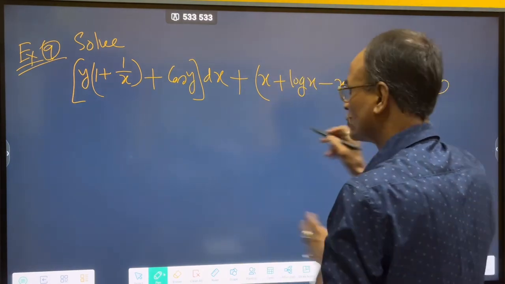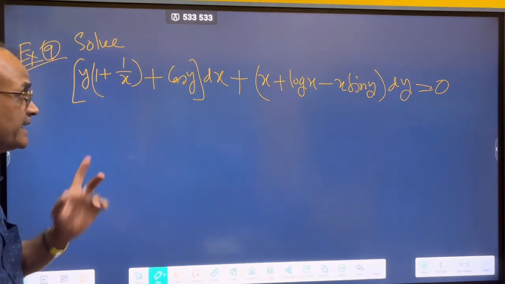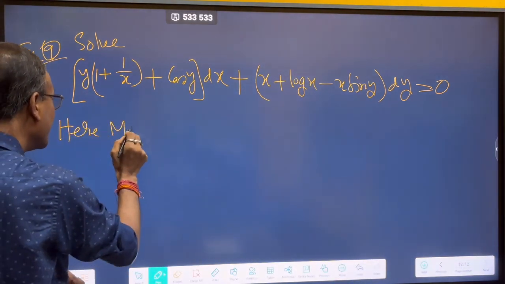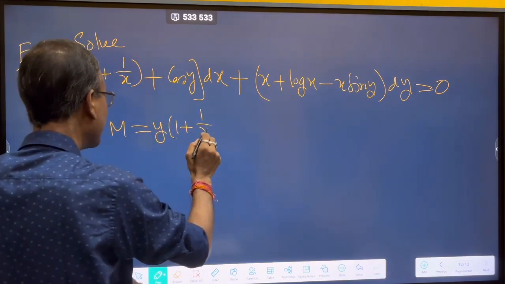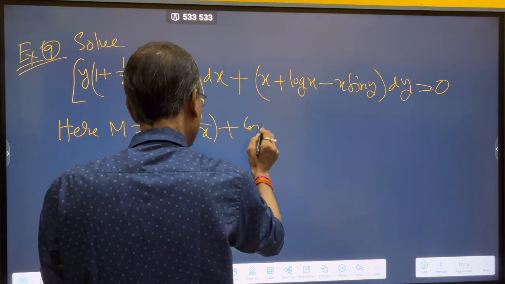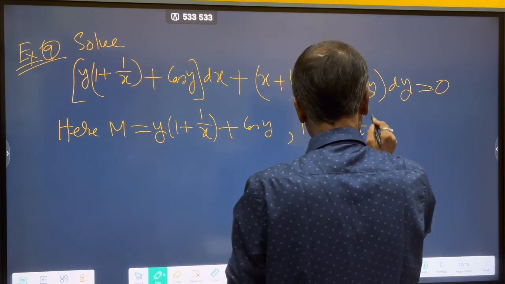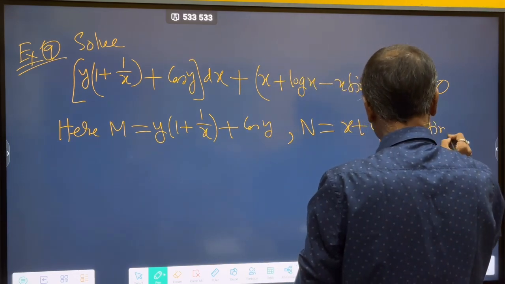Suppose we solve this one. Here M equal to y(1 plus 1 by x) plus cos y and N equal to x plus log x minus x sin y.